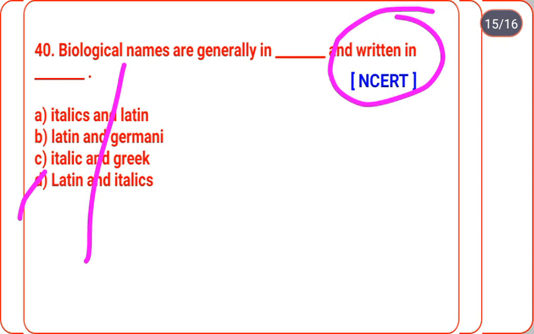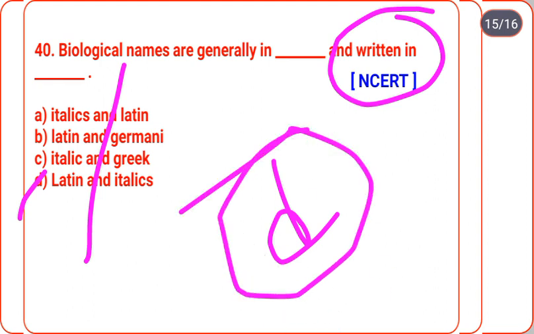Written in italic, and binomial names are generally in Latin. Latin means the language will be Latin, but the letters will be italic. Remember it: written in italic and the language will be Latin.